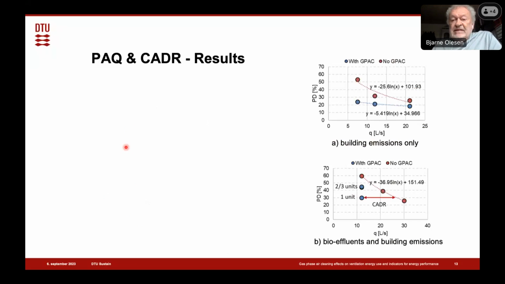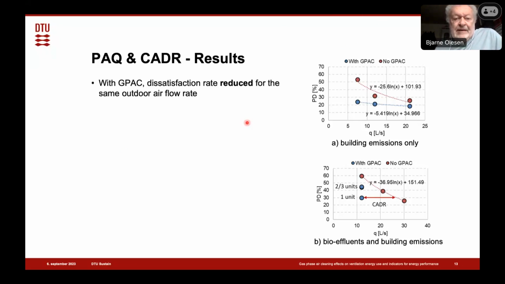So what we did, let's see if I can remove. We had here two studies, and what you see from this is we find this dissatisfaction rate, which is called the PD, on the y-axis, percent dissatisfied, and here we have the ventilation rate.